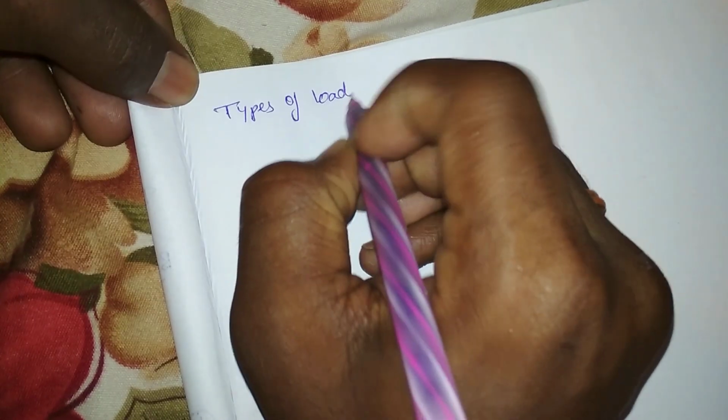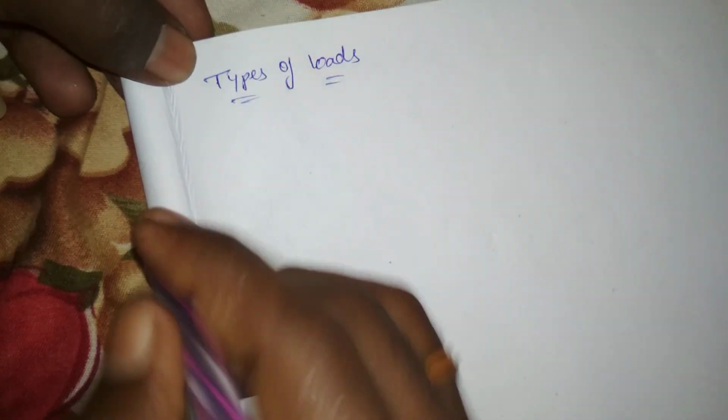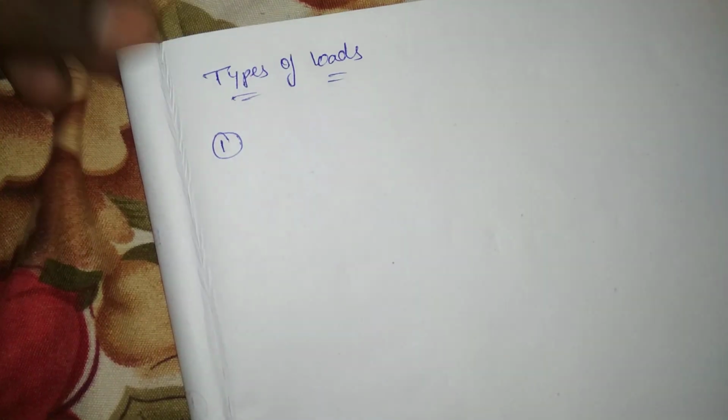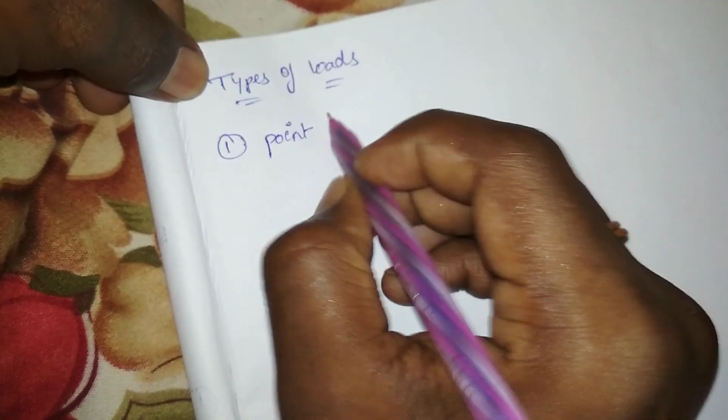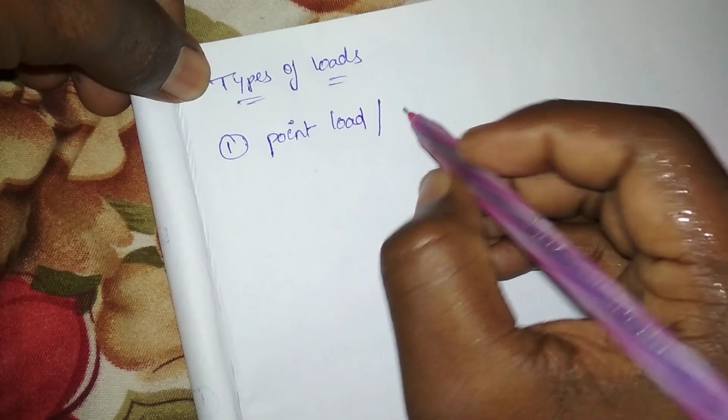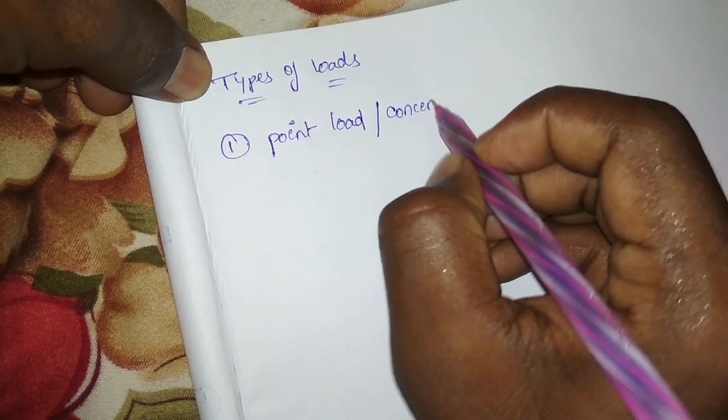Next, we are going to discuss the types of loads. There are three types of loads. Number one, point load, or this can be called a concentrated load.